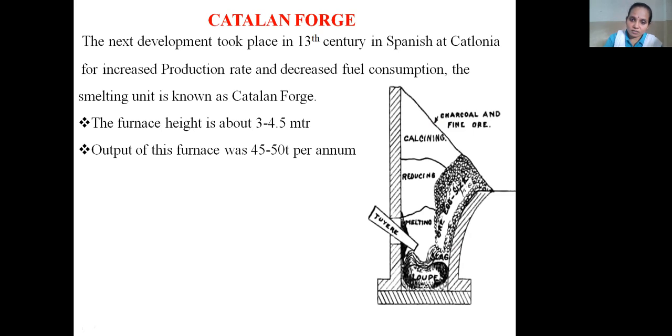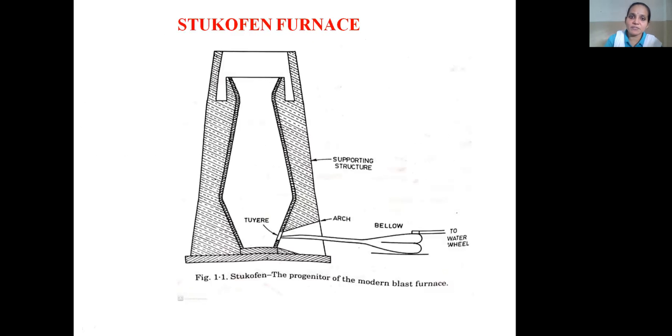After this Catalan forge, the improved technology came to the front in the form of the Stuckofen furnace. Already we have discussed the hillock or bowl, constructed beneath the ground level, dug, and built with stone and clay.